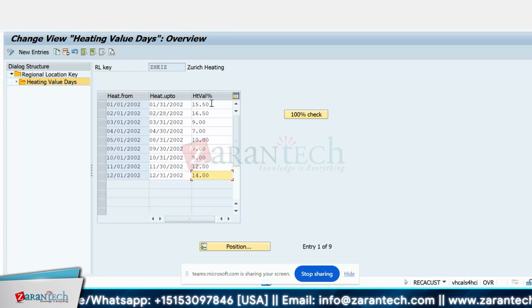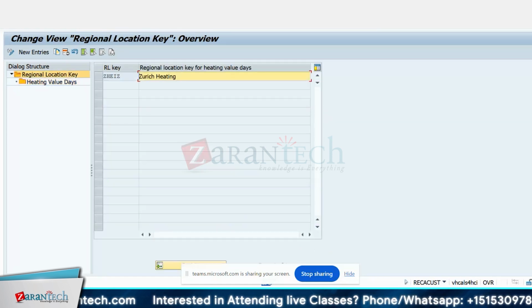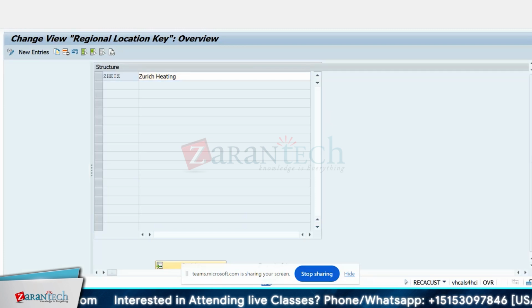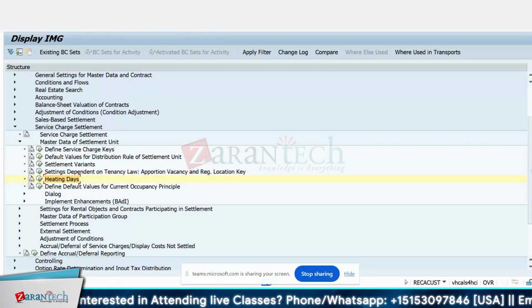So your regional location will have heating days and heating value percentage. This procedure is majorly not used in other countries but only in Switzerland. So that is why it has been maintained for Switzerland. If you have any other country apart from that, then you can configure it accordingly.